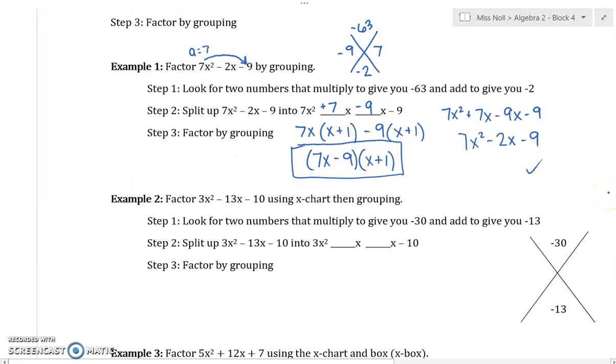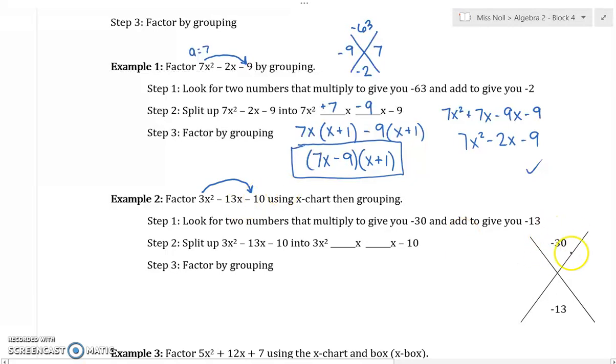So let's try another example here. We have 3x squared minus 13x minus 10. Again, first thing we look for is a GCF. I don't see one. So next, the a value in front of the x squared is 3. So I have to make sure that I multiply 3 times negative 10. Over here you can see that this was already done for you.